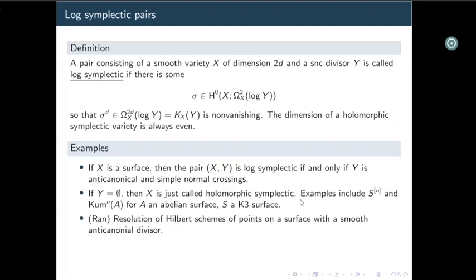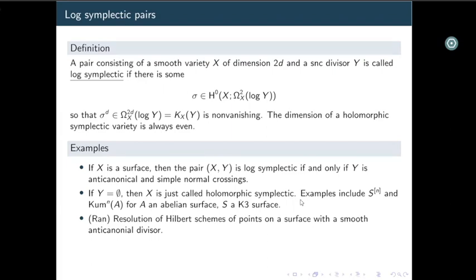Another class of examples, we'll see more later, but here are basic ones that you can extract from the literature, is an example of Ran, where he takes a Hilbert scheme of points on a surface with a smooth anti-canonical divisor. Using the smooth anti-canonical divisor on the surface that you start with, you can build a divisor on the Hilbert scheme of points, which is smooth.